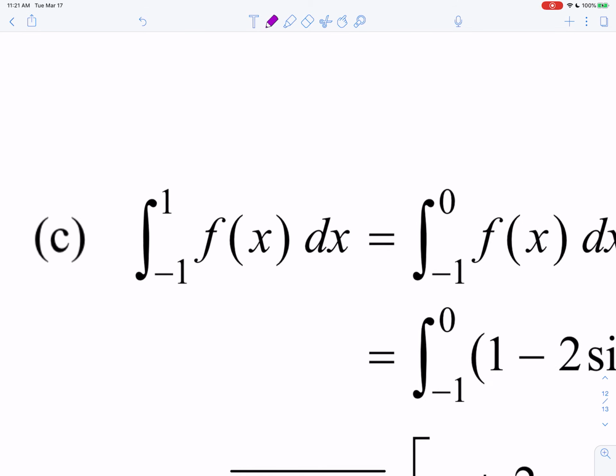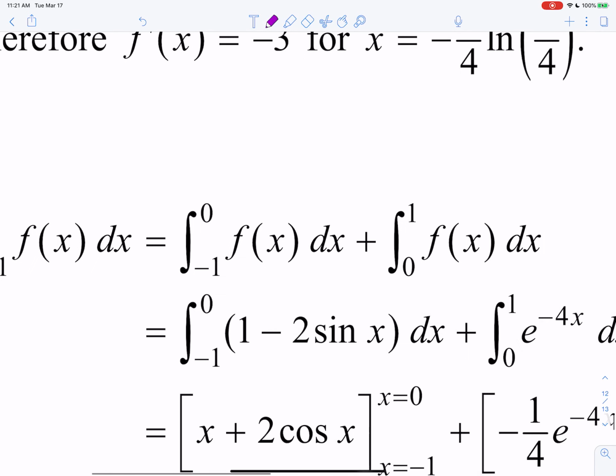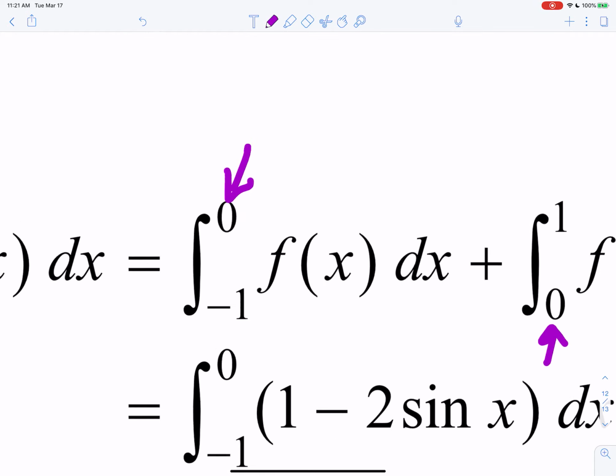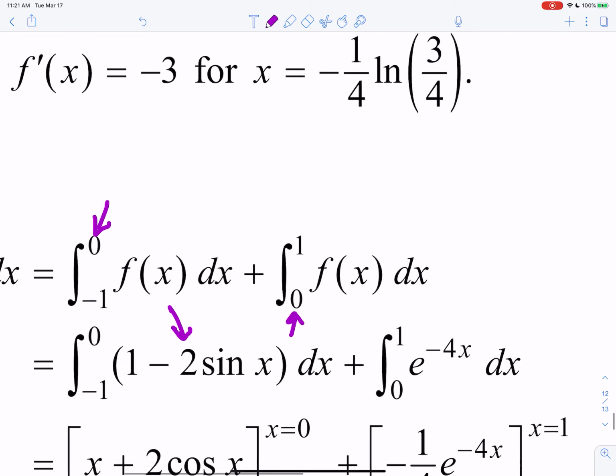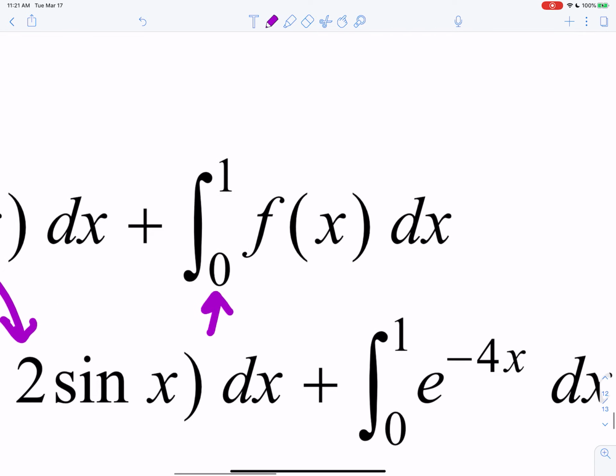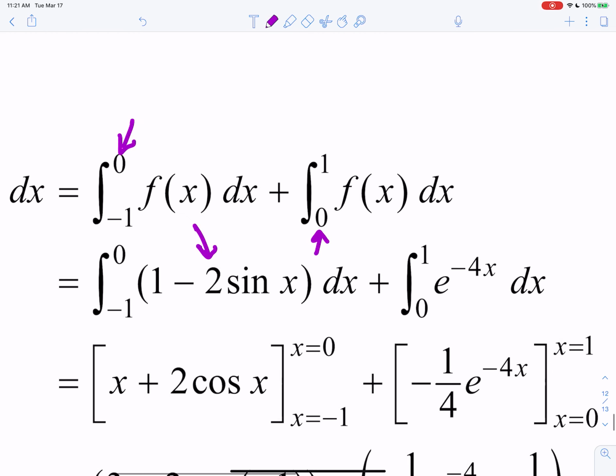So going from negative 1 to 1, we actually have to split this from negative 1 to 0 and then from 0 to 1. If you're traveling from negative 1 to 0, you're actually only dealing with the 1 minus 2 sine x function. If you're traveling from 0 to 1, you're actually only dealing with the exponential function.